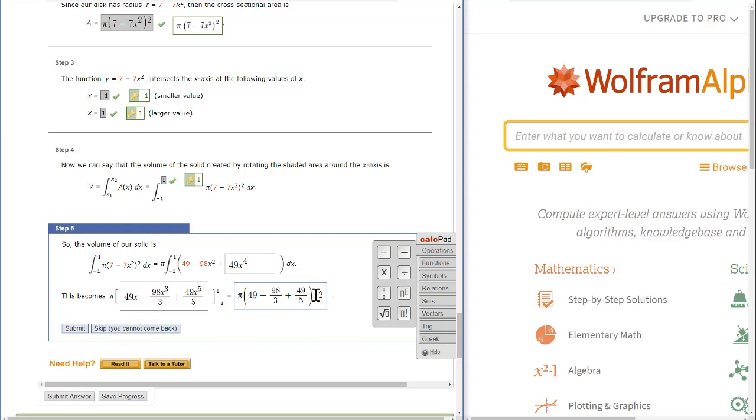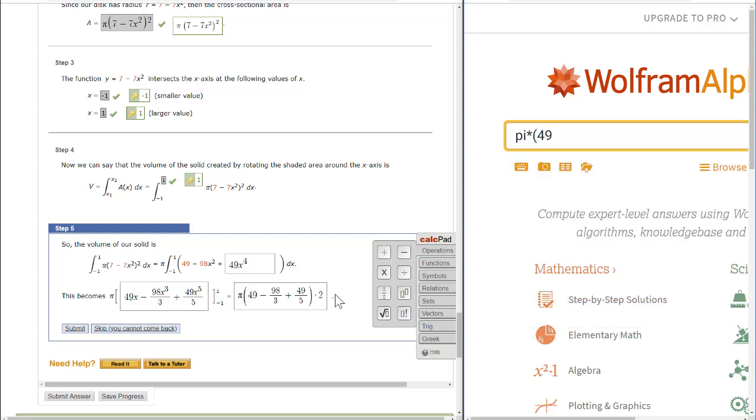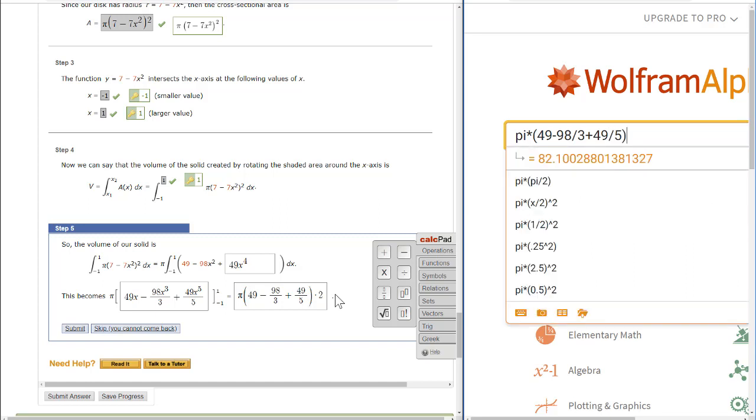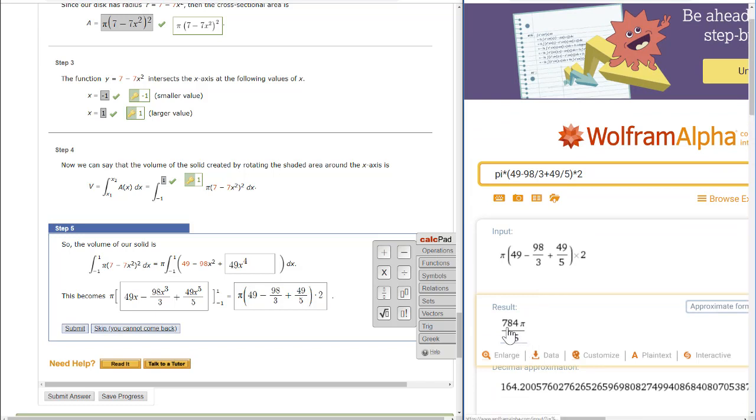I suppose I can just plug in our answer, but let me just have Wolfram work this out for me. I'll leave the pi there. I can still put pi times 49 minus 98 over 3 plus 49 over 5, and then multiply the whole thing times 2. That's 164.2 something, but let's see if this makes it look a little bit nicer. 784 pi over 15.